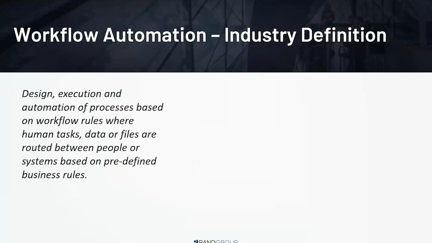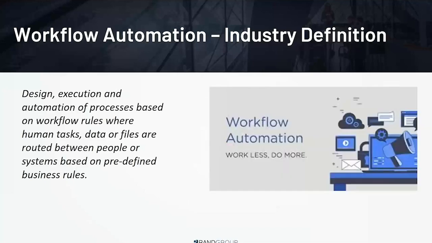Is it the right amount? Was it posted to the correct expense account? Was the expenditure even authorized? So by implementing an automated workflow for AP invoices, you can get the benefits of workflow automation, which in very simple terms would be work less and do more.